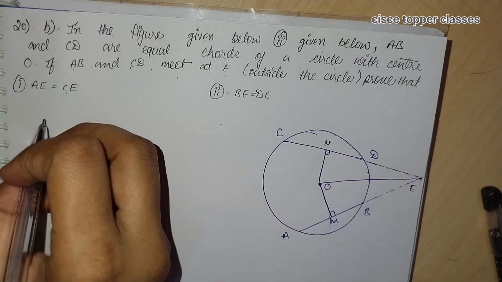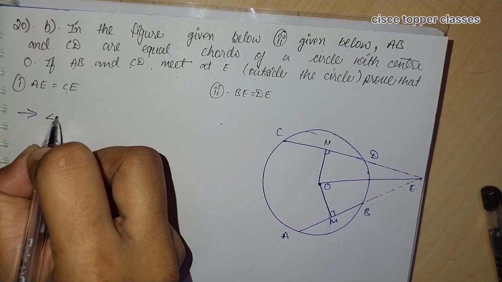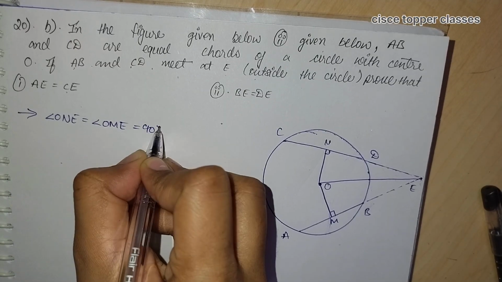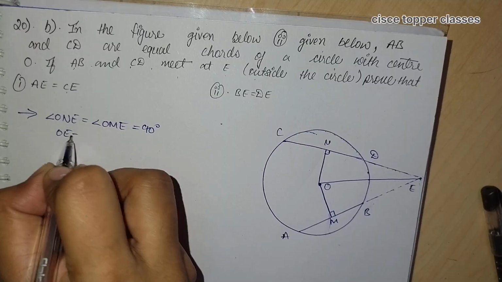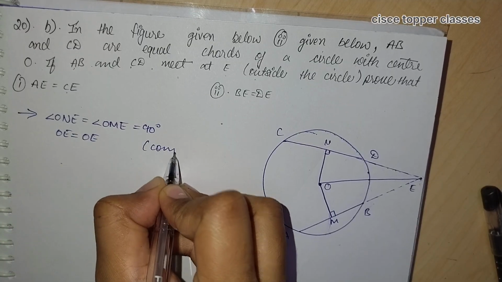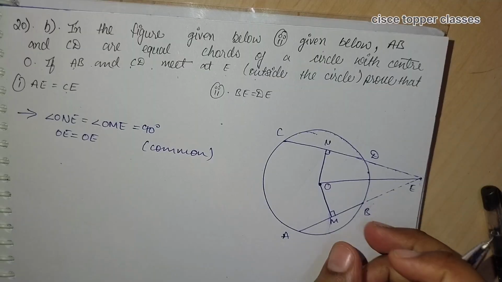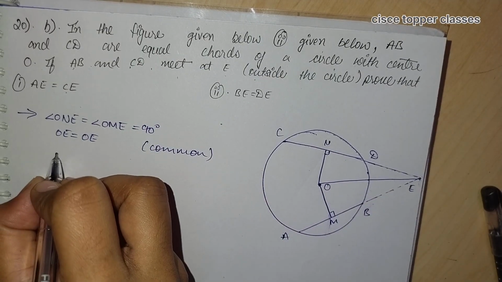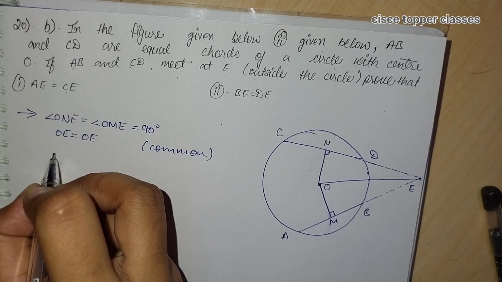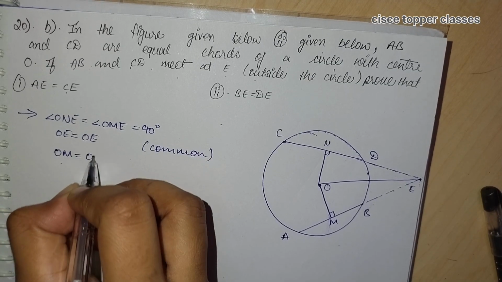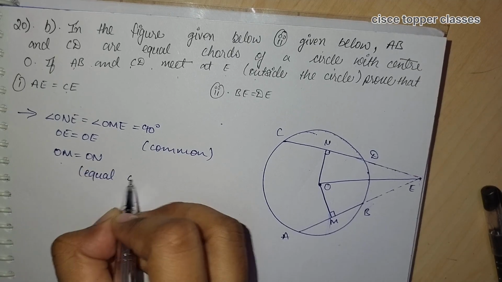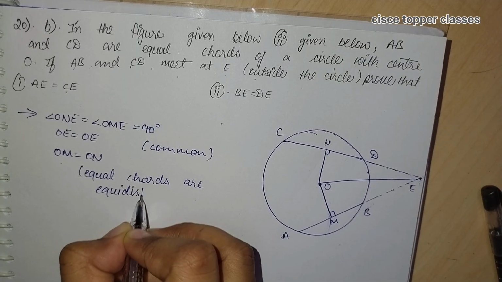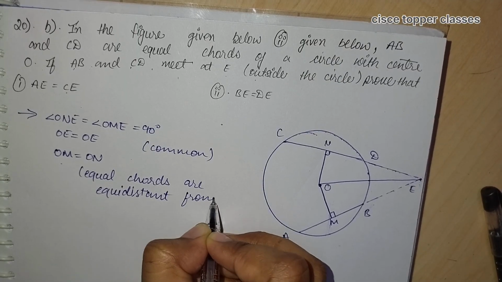As we have drawn, angle ONE is equal to angle OME, which is 90 degrees, and OE is common in the right triangles. It is given that AB and CD are equal chords, and by theorem, equal chords are equidistant from the center of the circle, so OM is equal to ON.